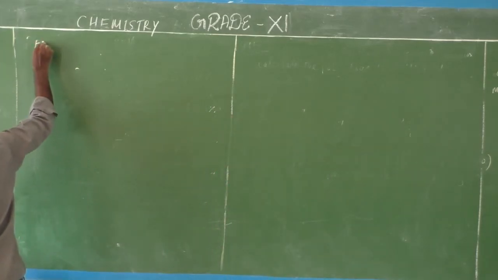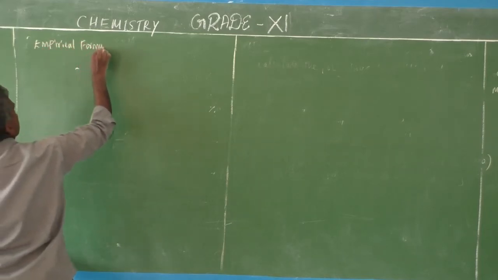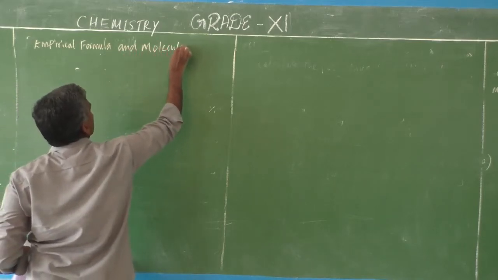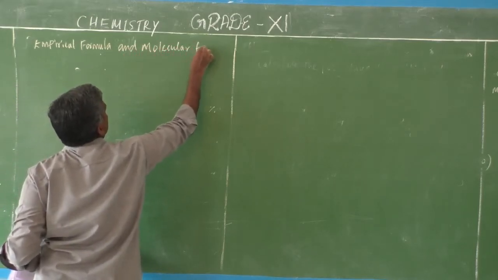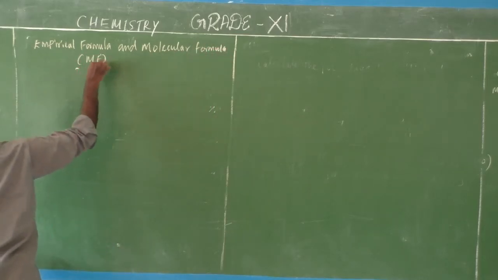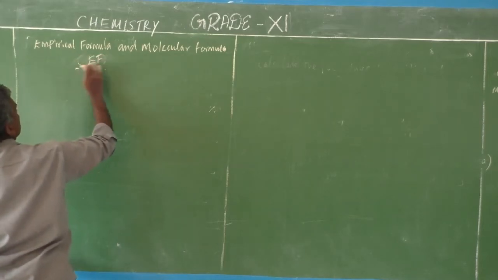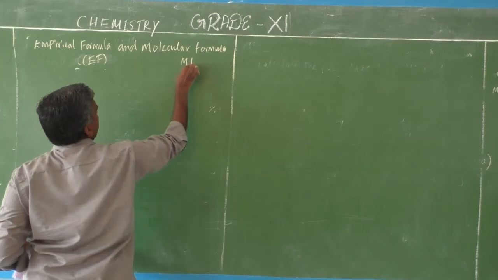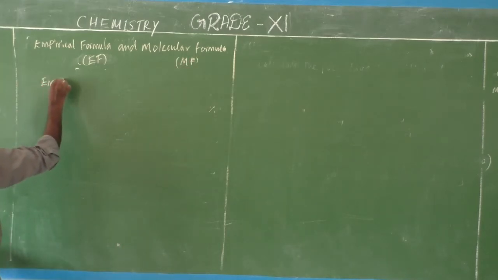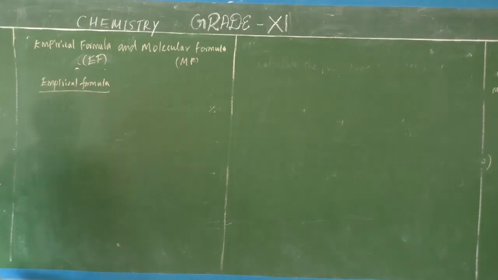The empirical formula is the simplest form; EF is empirical formula and MF is molecular formula. First, EF, empirical formula.